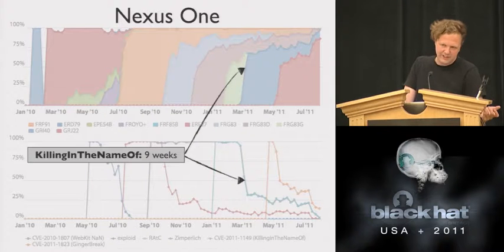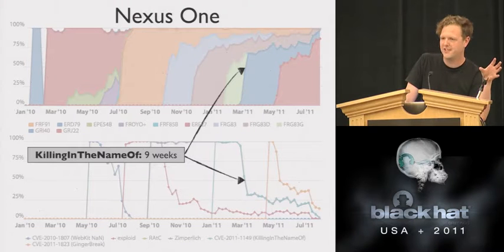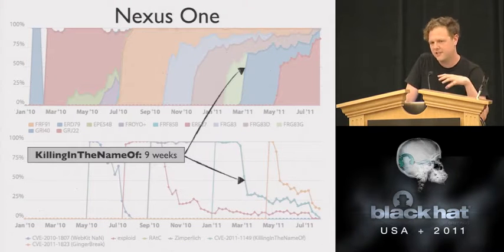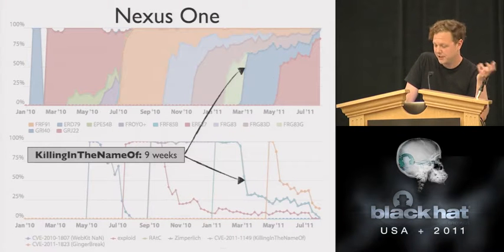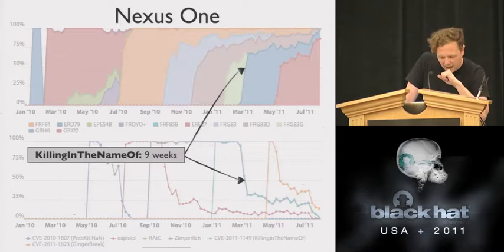And for Killing the Ashman Bowl, it got a little bit better uptake. It was actually disclosed after it was patched in the gingerbread tree. So while the bugs were fixed then, we don't start to see patch uptake on it until gingerbread starts to get traction.